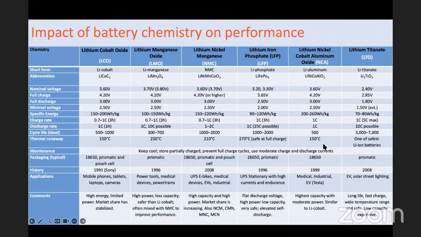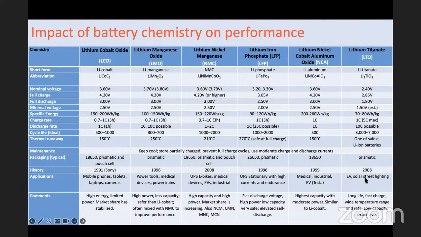As we know, there are multiple chemistries available in the market now in terms of lithium-ion batteries, such as LCO, that is lithium cobalt oxide, then LMO, NMC, LFP, and lithium nickel cobalt aluminum.